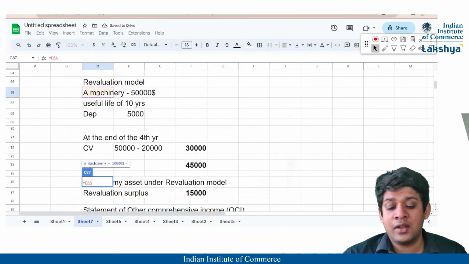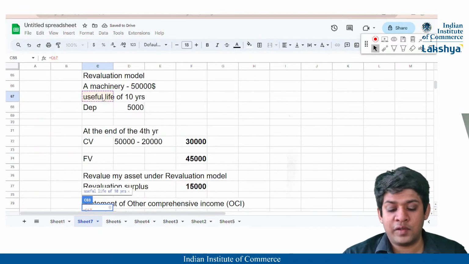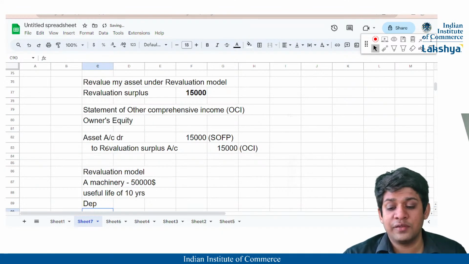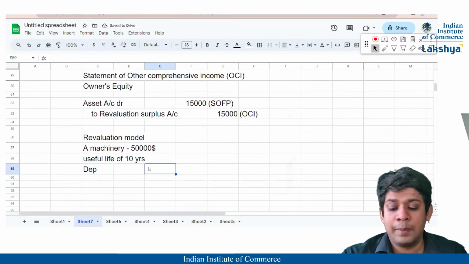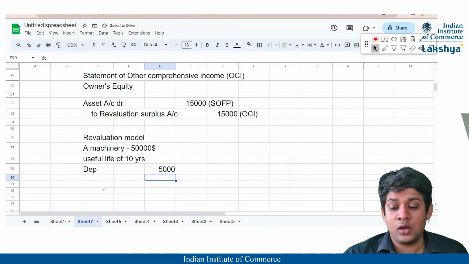The asset had a value of $50,000 and had a useful life of 10 years, and thus the depreciation that I charge every year is 5,000. Correct? The same scenario.